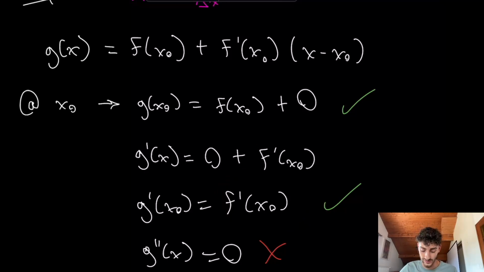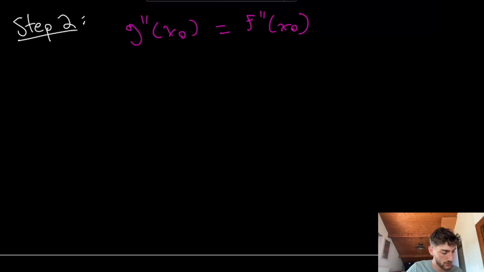But before that, it was actually 0, because when you plug in x naught here, this would be 0. So the strategy is we want this to be 0 until we get to the second derivative. At the second derivative, we want this to not be 0 anymore. We just want it to go away from the derivatives, and we are left with the factor that we care about, which is going to be the derivative we care about.